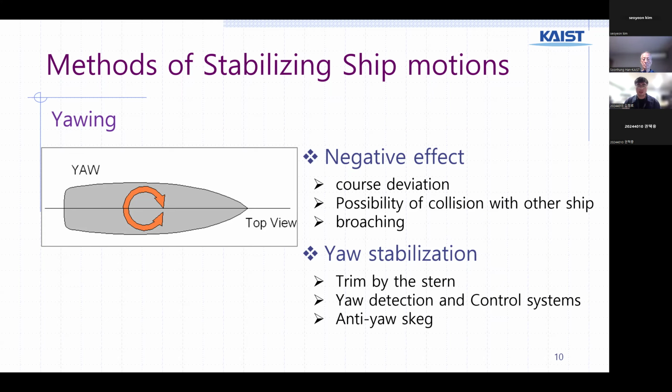Broaching means losing control of the ship and suddenly tilting or spinning. To stabilize yawing, methods include a yawing detection and control system and an anti-yaw skeg.